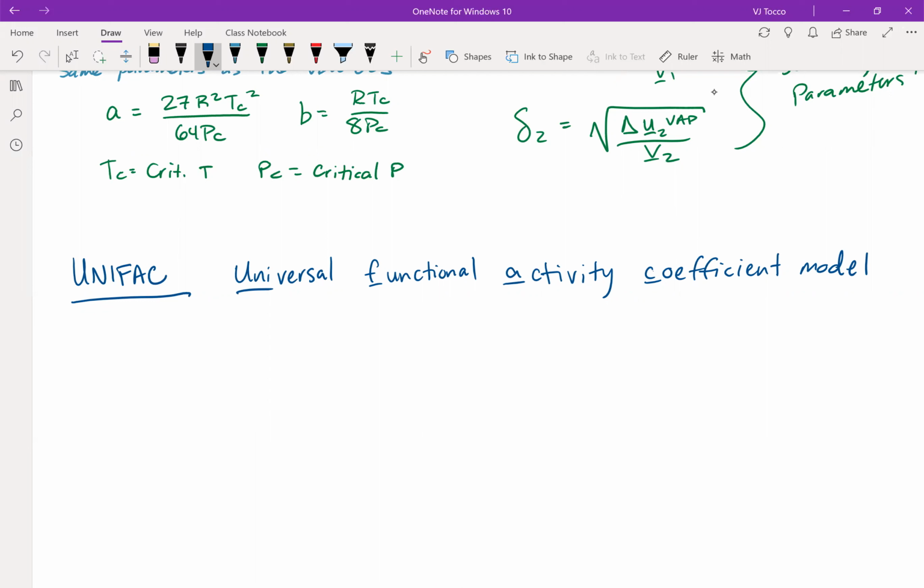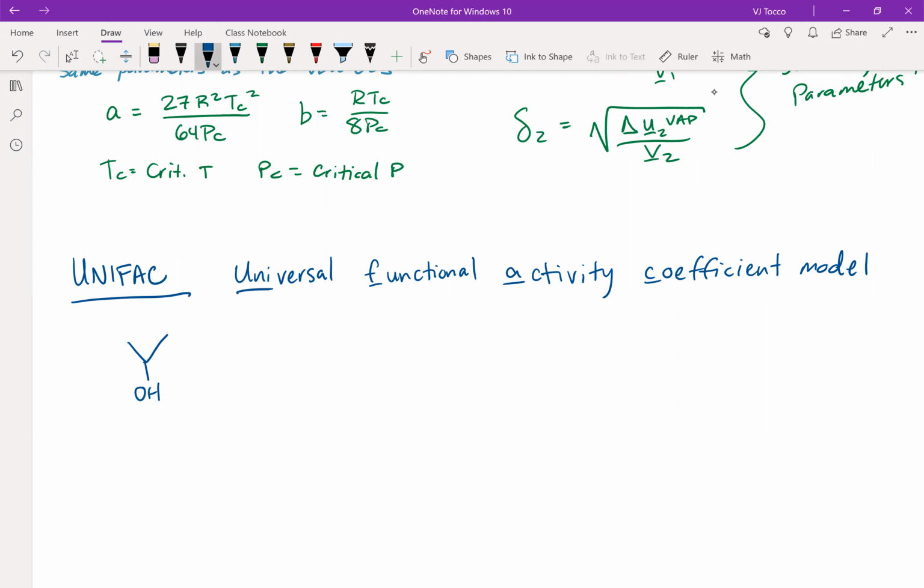So in organic chemistry, if you have isopropanol, for example, this has a functional group of an alcohol. So UNIFAC doesn't take into account that it's a molecule, or what isopropanol is as a molecule. It just takes into account the fact that it has an alcohol as a functional group. And then it correlates that.